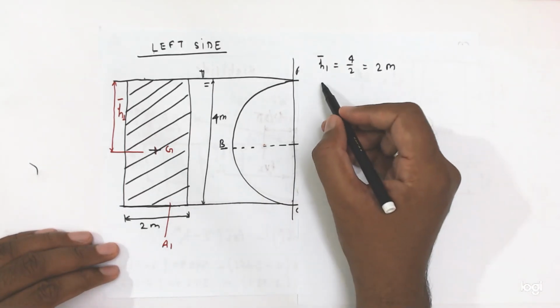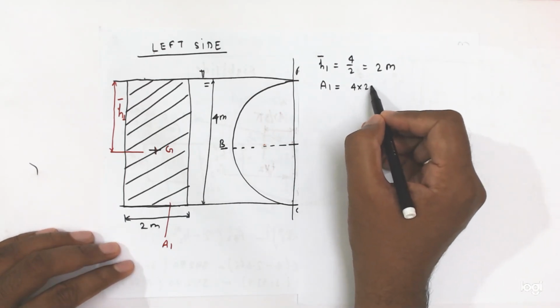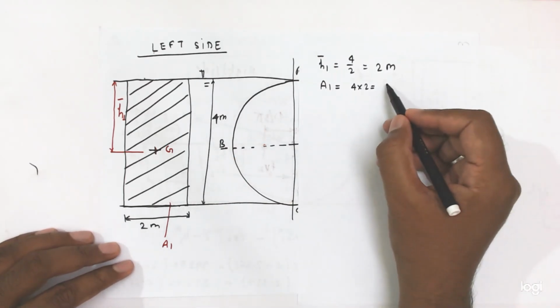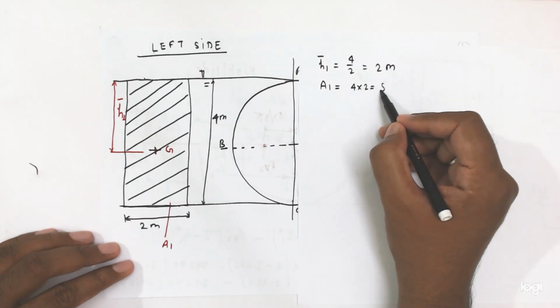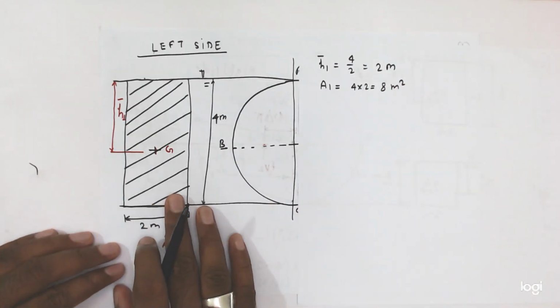Now area, A1 is equal to 4 into 2, which is 8 meter square. This is the vertical projected area.